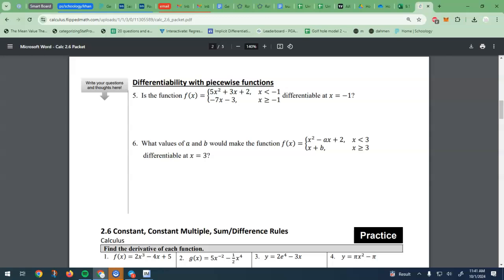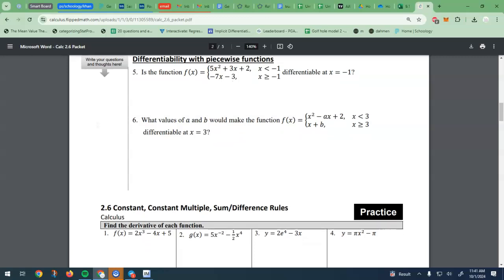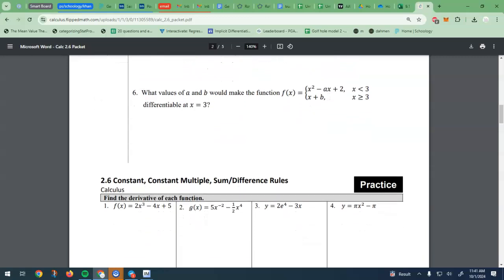Alright, let's look at 6. I need to make the function differentiable. So two things have to be true. The two equations have to be equal when x equals 3, and the two derivatives have to be equal when x equals 3. So let's start with the original equations. So x squared minus ax plus 2 is supposed to equal x plus b.